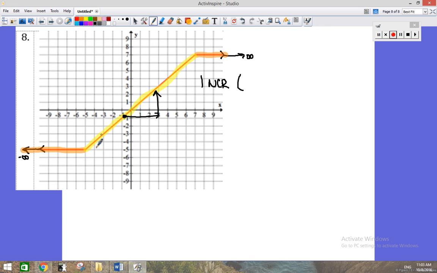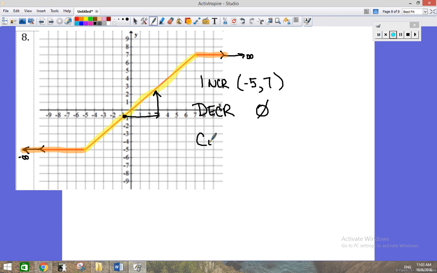The x-coordinate here is -5. The x-coordinate here is +7. The function is never decreasing. So we can write never or nowhere, or just simply use the empty set.